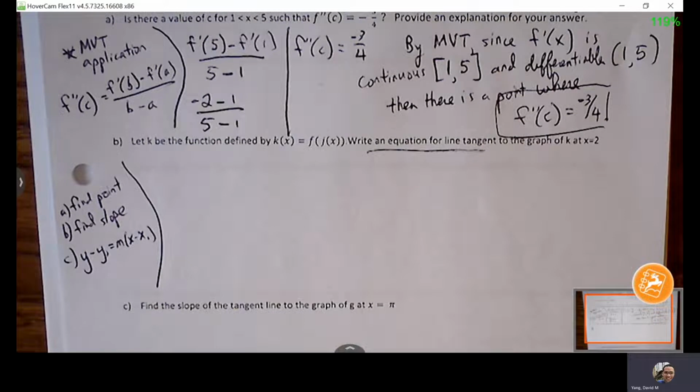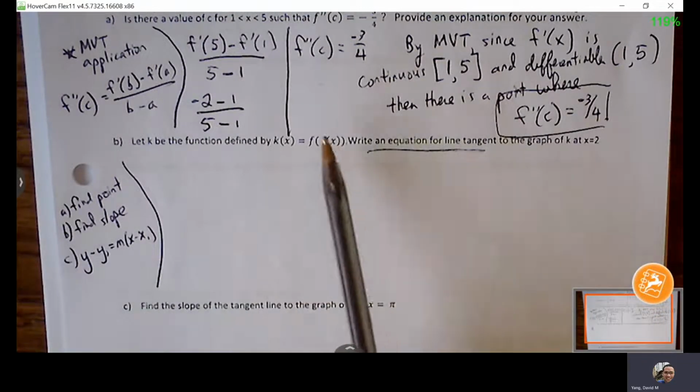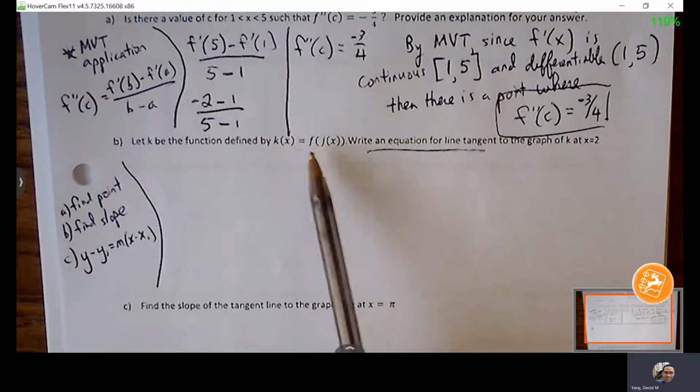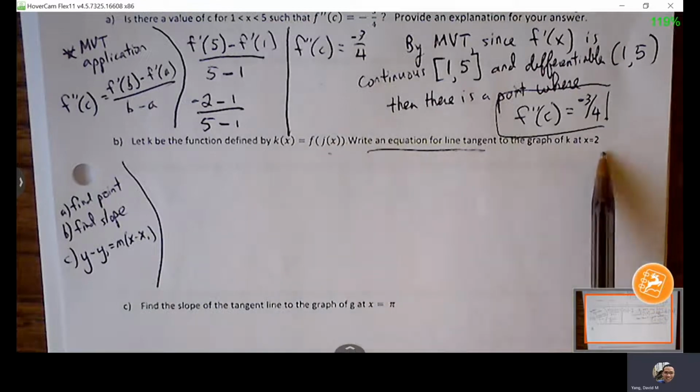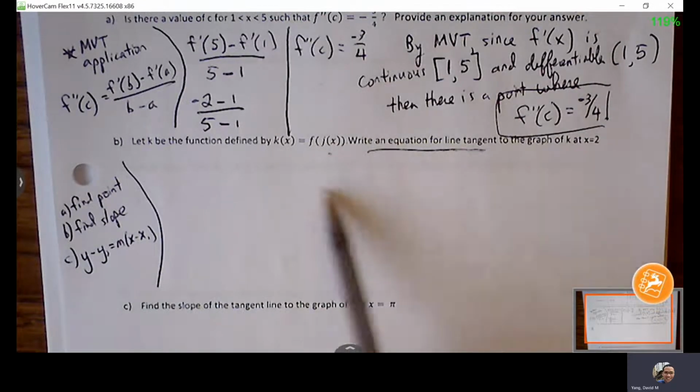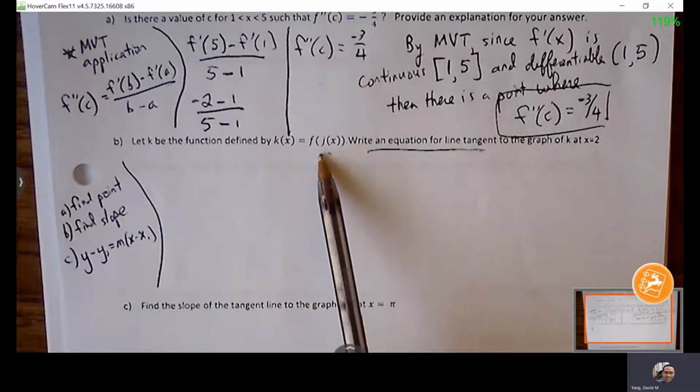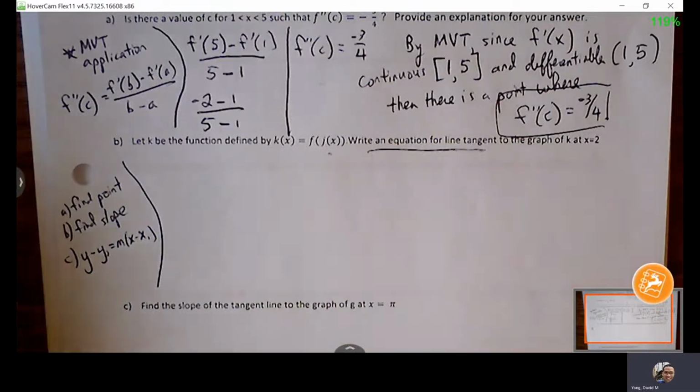So let's find the point first. To find the point, we know the point is going to be defined by whatever this definition is. We have the x value, so let's insert that 2 in for x and find k of 2.